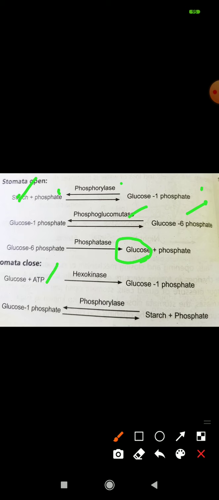How stomata close, the reactions related with that are shown here. Glucose gets converted into glucose 1 phosphate. Here energy is required and the enzyme required is hexokinase. Glucose 1 phosphate again gets converted back into starch under the influence of enzyme phosphorylase, and since starch is insoluble in water, osmotic pressure of guard cell decreases, exosmosis takes place and stomata close.